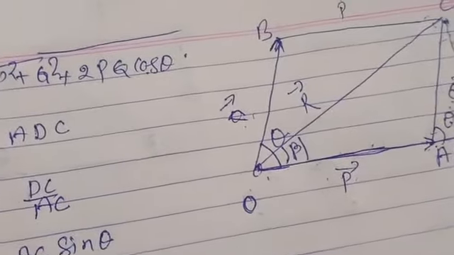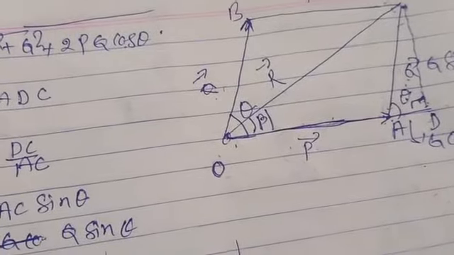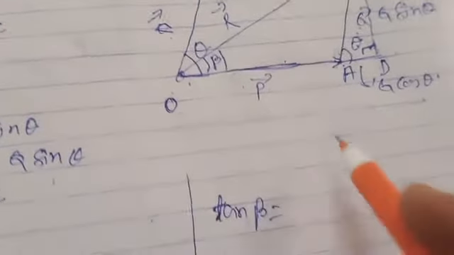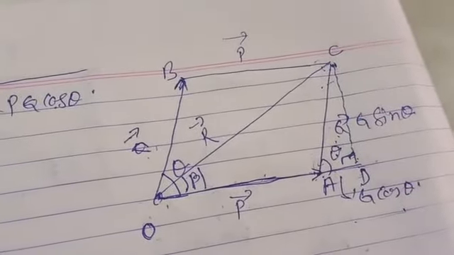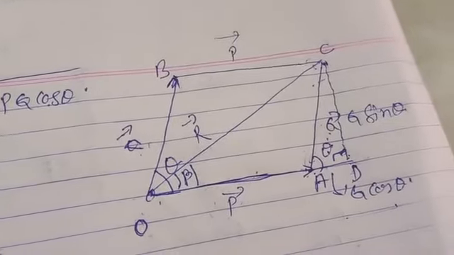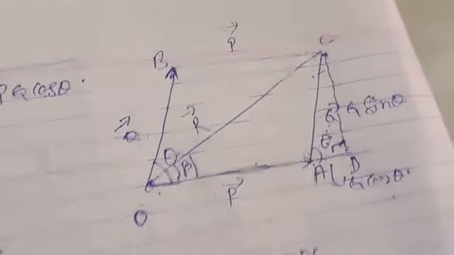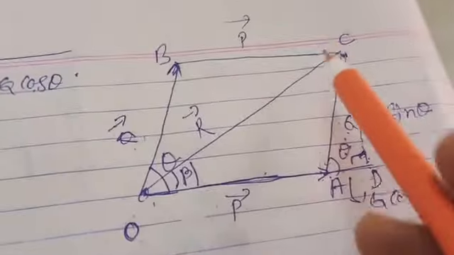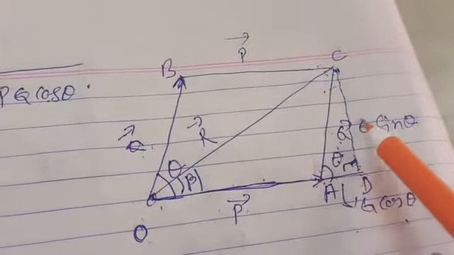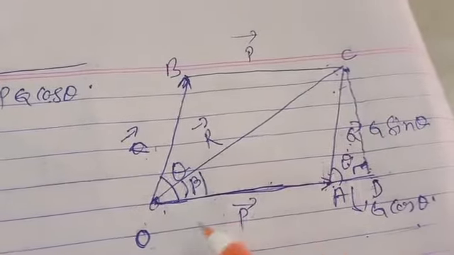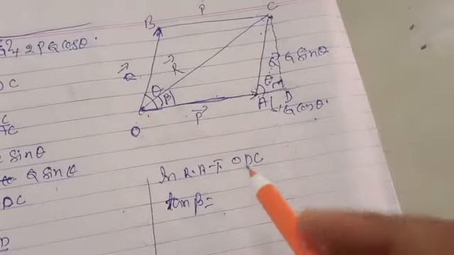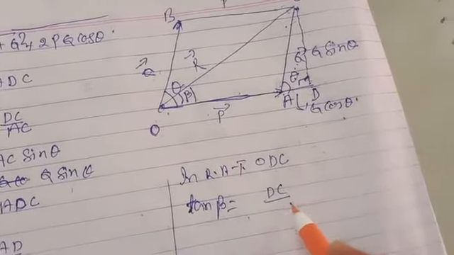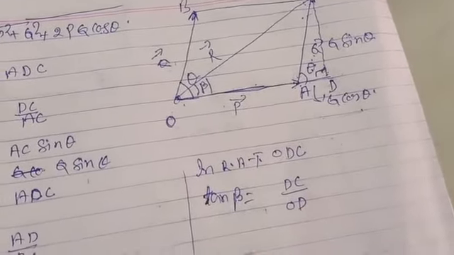So tan beta is equal to, you can put down in right angle triangle ODC. So tan beta is equal to perpendicular upon base, so DC upon OD. So tan beta is equal to DC upon OD.